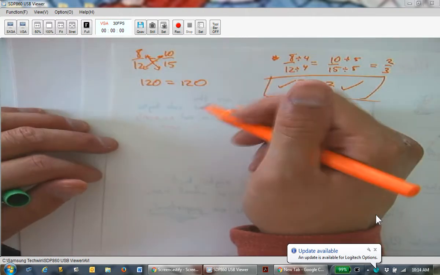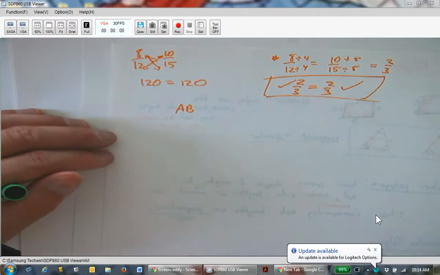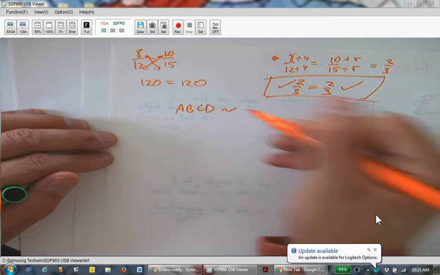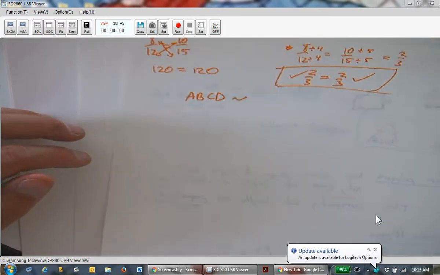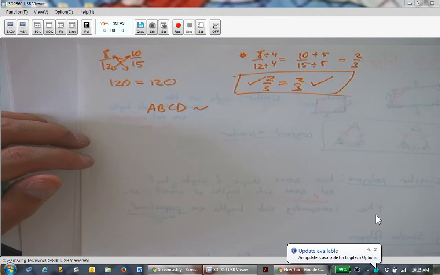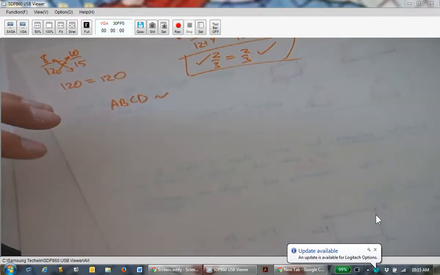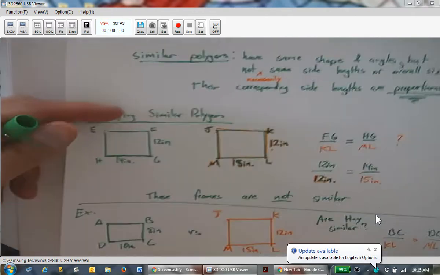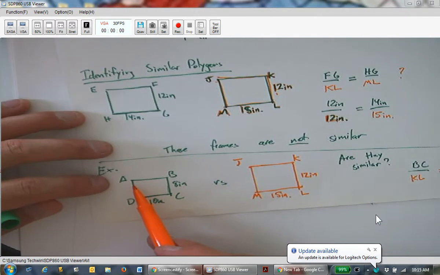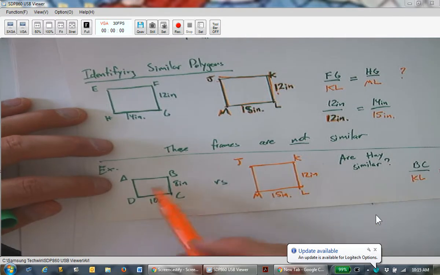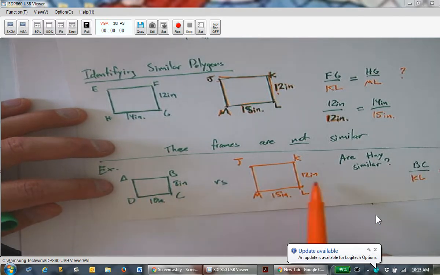So let me give you a little bit of notation. ABCD is similar. Be very careful. Yes? Is it possible to do the ratio BD to CD, like 8 over 10 equals 12 over 15? Could you do that too? Yes, it's perfectly fine.